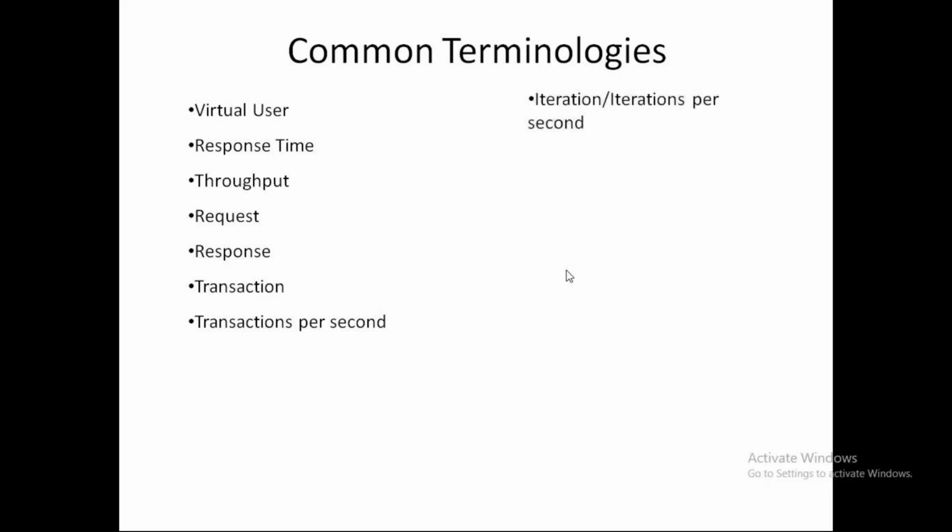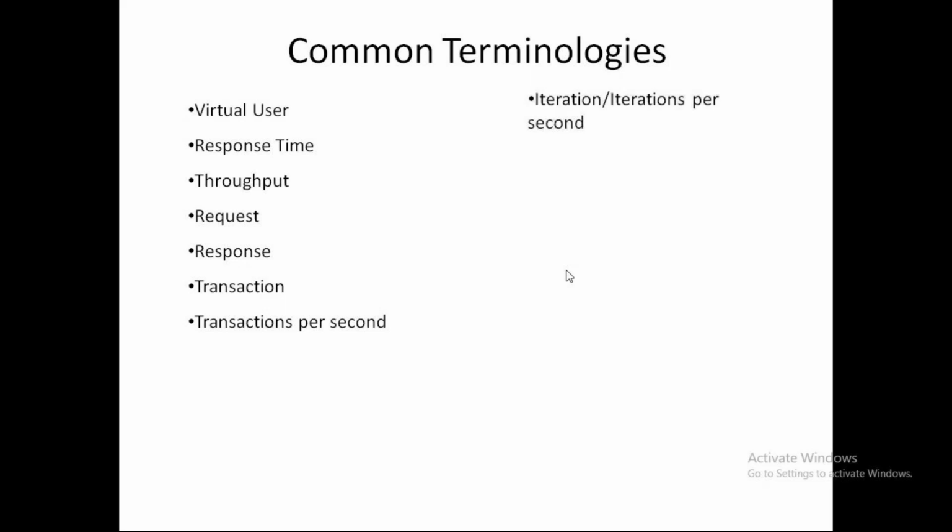For example, you have to launch the application. You have to log in into the application, right? You have to search for a particular flight. You have to search for a particular product. Then you have to go and purchase that. And during purchase also, you have to make the payment and all. So launch, login, search, these all are different transactions. So in your business flow, different transactions will be involved.